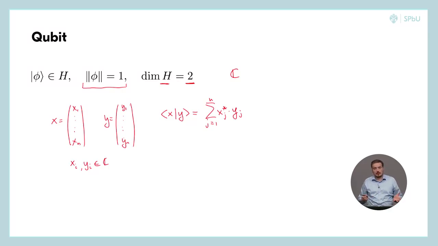And this definition of the dot product satisfies all the conditions for this type of products, because it has conjugate symmetry, positive definiteness, and linearity in the second argument.